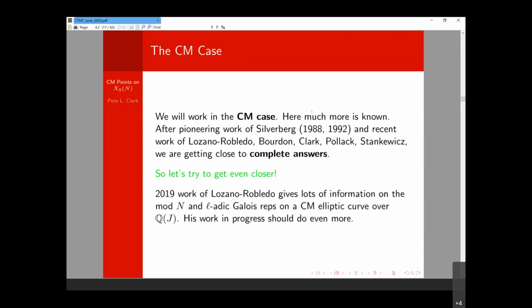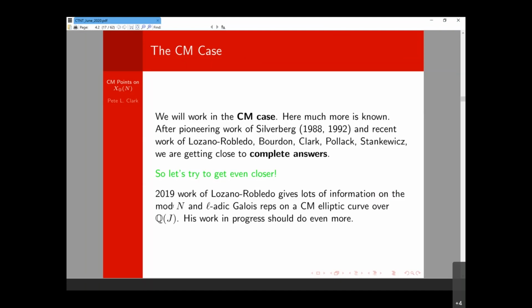And again, because I'm not really talking about Galois representations so much today, I definitely need to mention there's a very important, very long recent paper of Alvaro where he gets very strong information on the mod-N Galois representation and also on the l-adic Galois representation if you're over Q adjoin j, so the minimal possible field of definition.